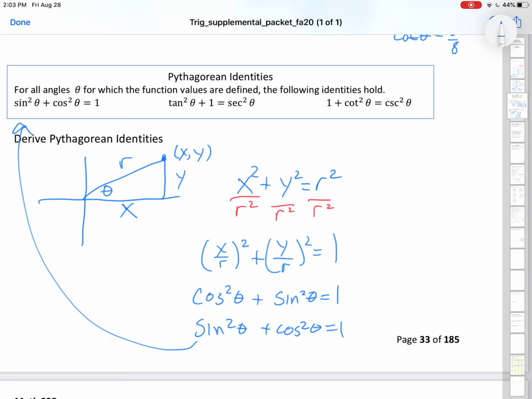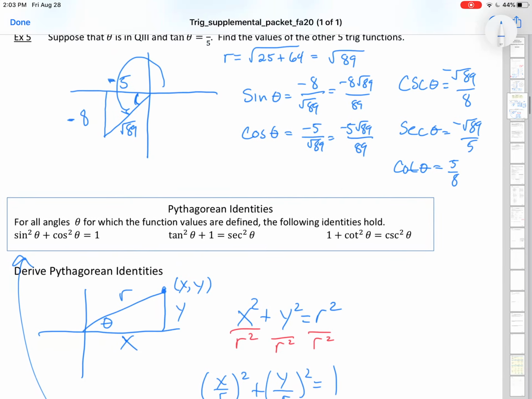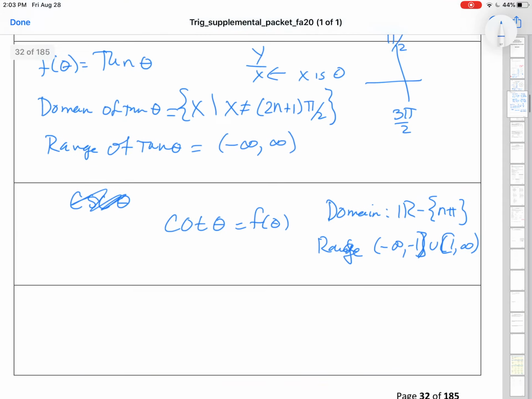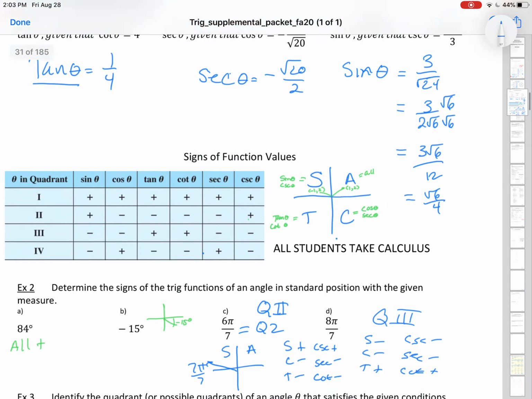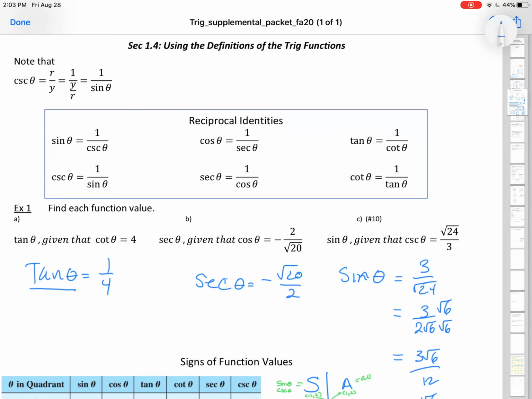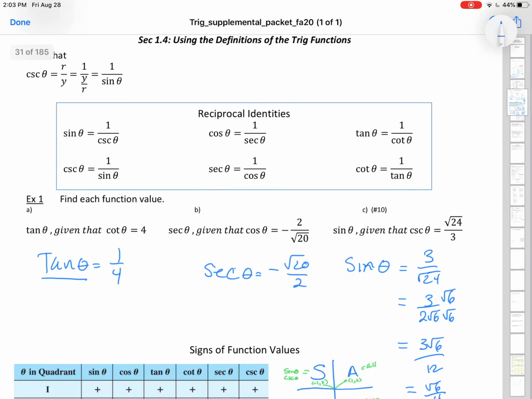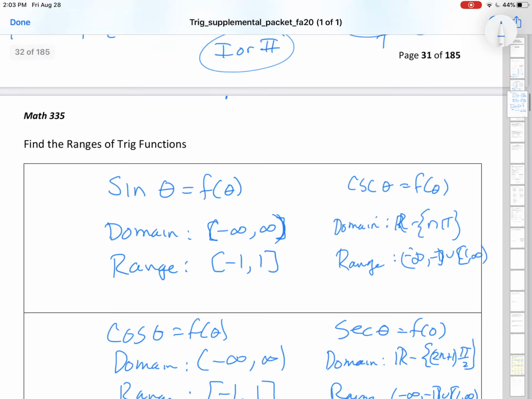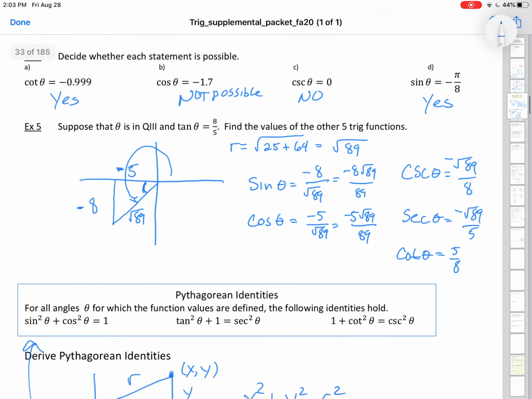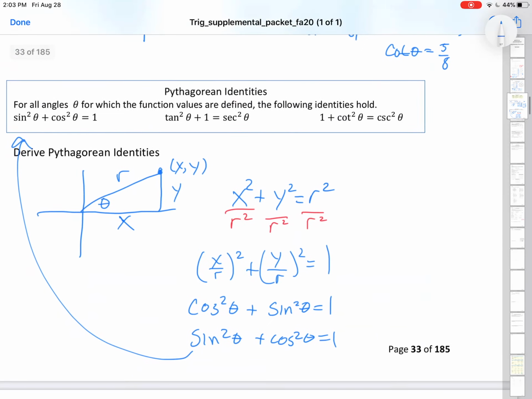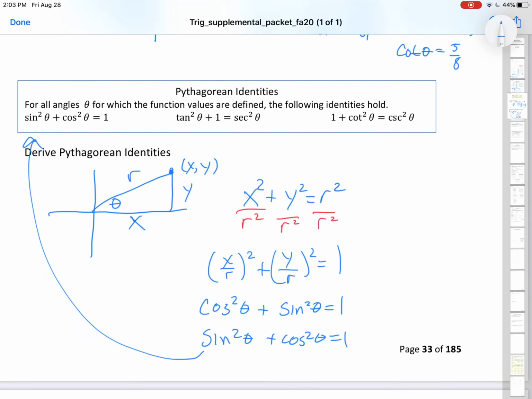So if you want to know how the other ones are derived, just remember what tangent is. They don't have it written just yet for you, but we could derive them all that way. If we started out with x squared plus y squared equals r squared, I could say, hey, I want to get the tangent squared.